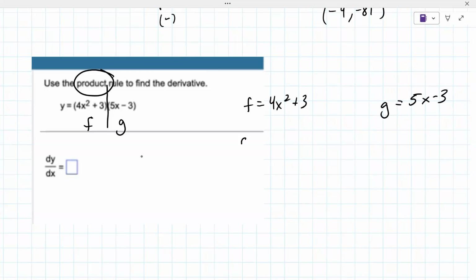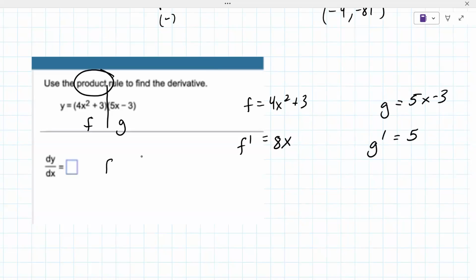And you have to be able to take the derivative of each. So could you give me the derivative of each of these? Yes. So for F, it's 8x, and G is just 5.